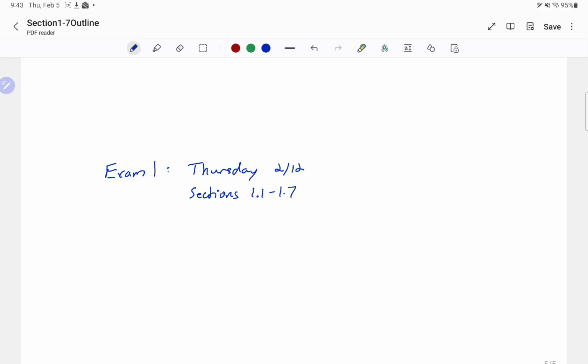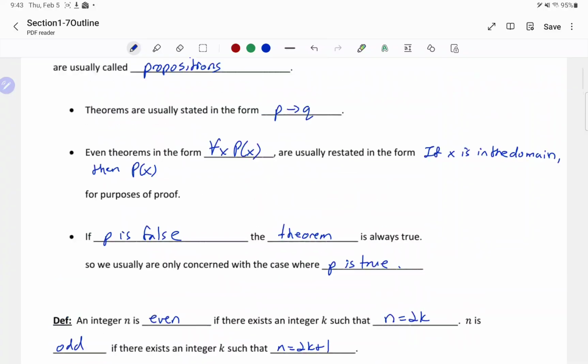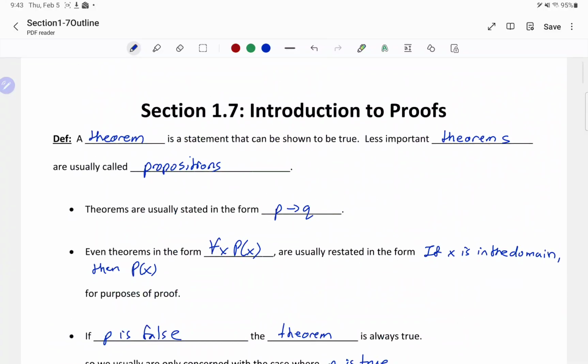All right. So we started laying some groundwork last time of terminology for mathematical proof. And basically everything that we do in mathematics has to be proven.